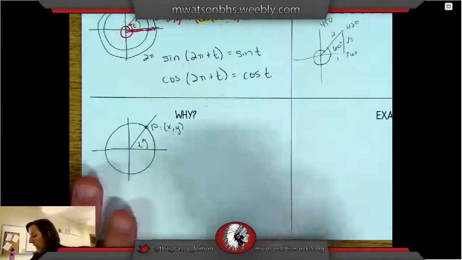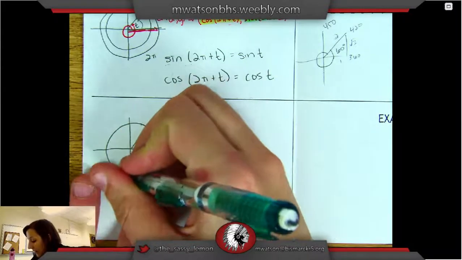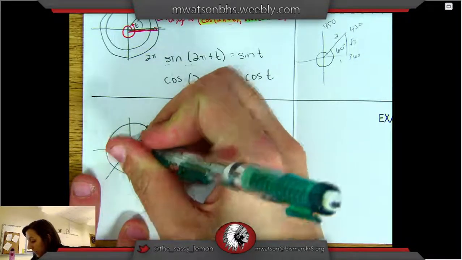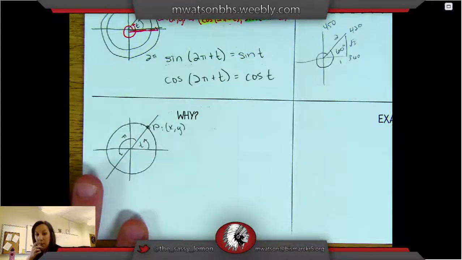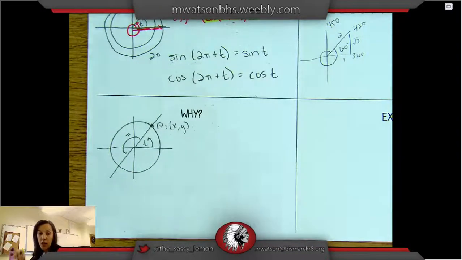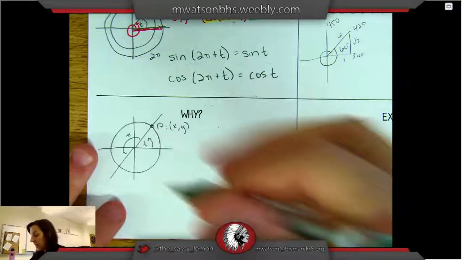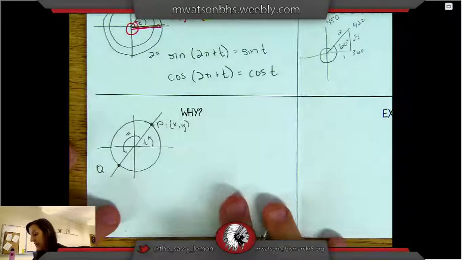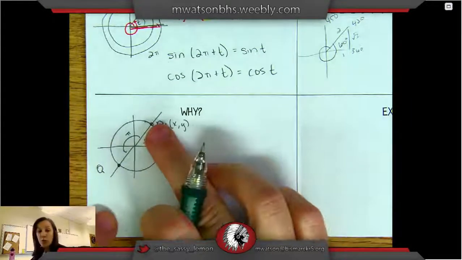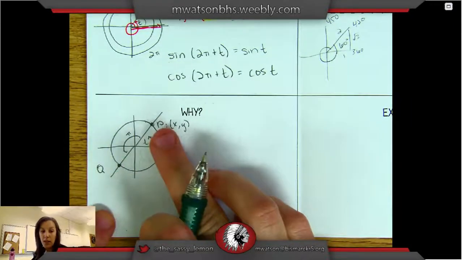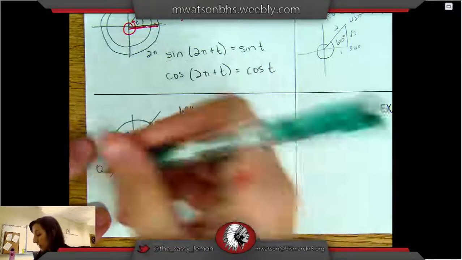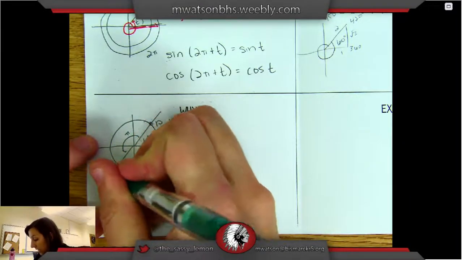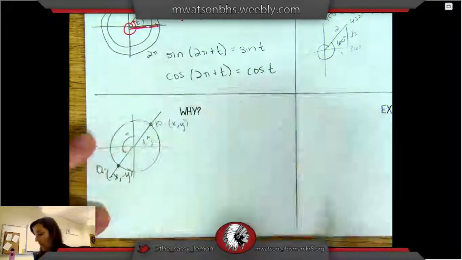Now let's look at what happens if we add pi radians to our angle. We go 180 degrees around, pi radians, and end up in quadrant 3. Here we're going to put a point Q. This is directly across from the point P, so Q is going to be negative x comma negative y.